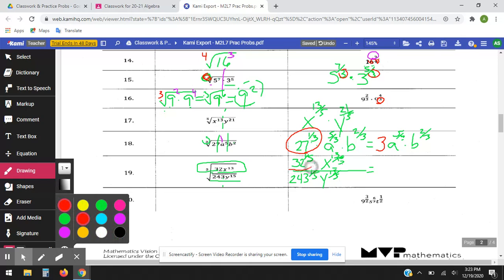So 32 to the 1/5 power. Well, the fifth root of 32 is actually 2. 13 fifths doesn't reduce evenly, so I'm just going to leave that as x to the 13 fifths. Let's look at our denominator here. 243 to the 1/5 power. So the fifth root of 243 is actually 3.